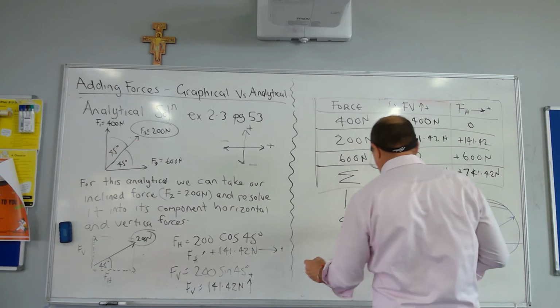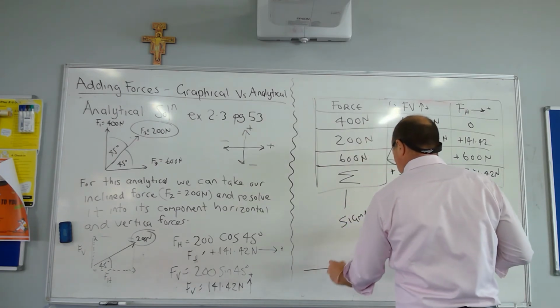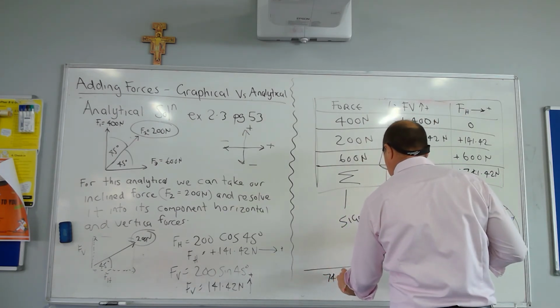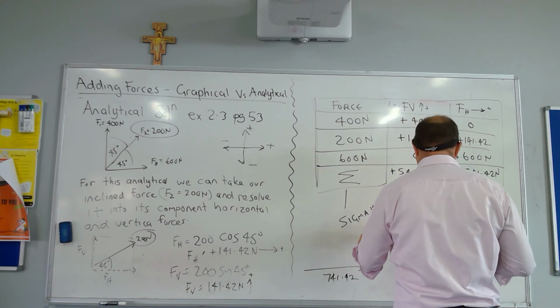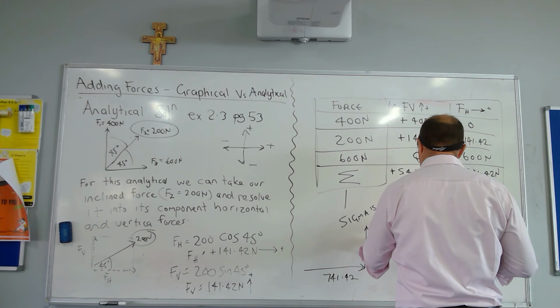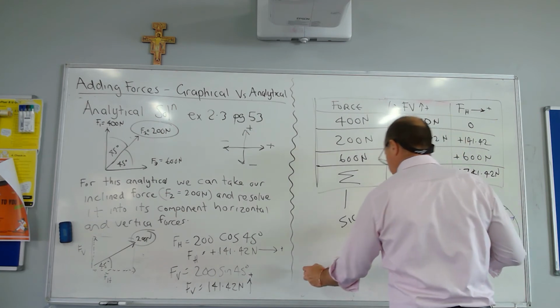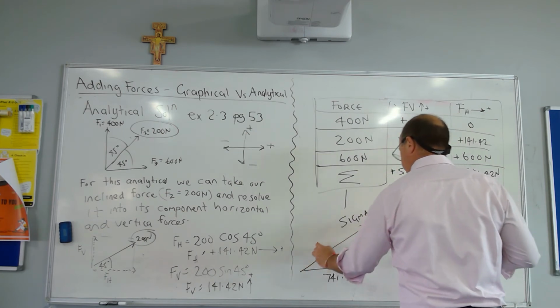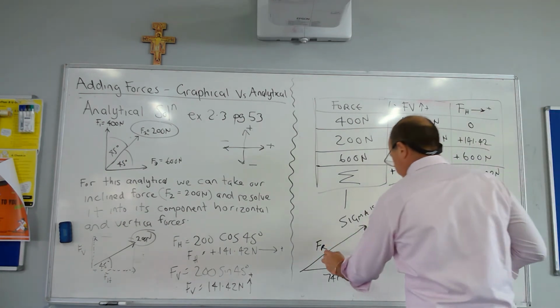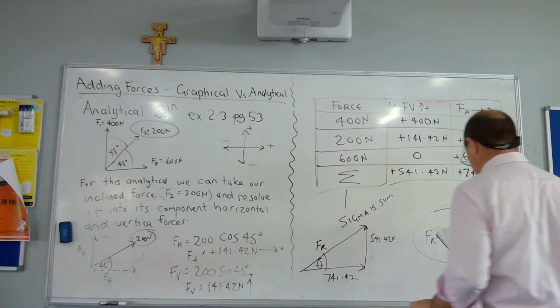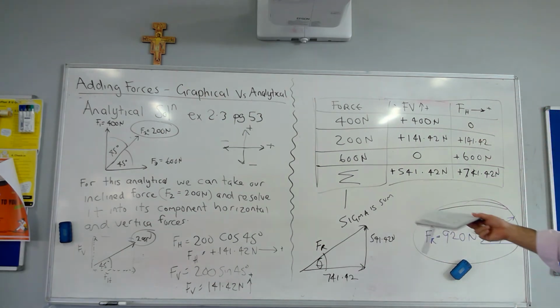We can draw a little diagram down here. We go 741.42 going across, then up, tip to tail, 541.42 newtons. Then we need to find our resultant force, which should be something close to 920, and our angle theta. Remember how last time we did this using Pythagoras' theorem?